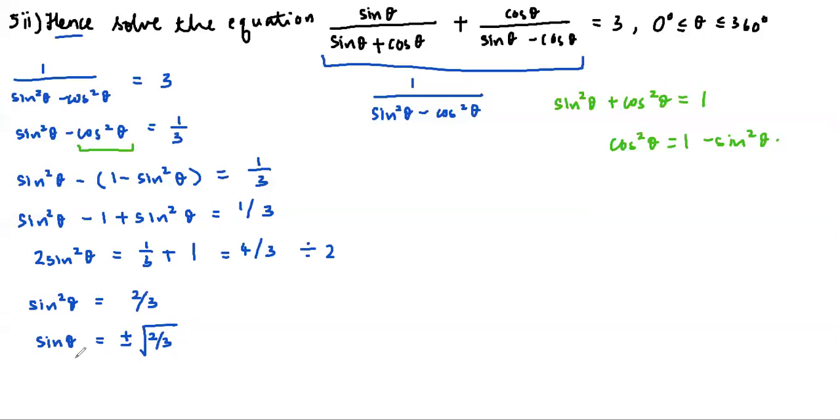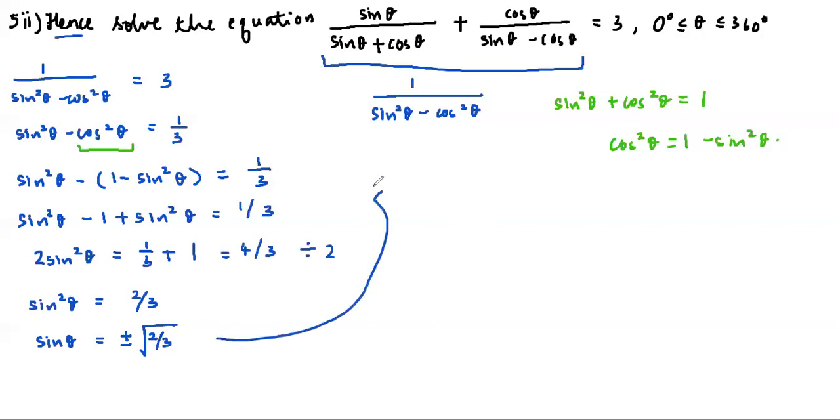The angle theta spans all 4 quadrants. Because sine is positive in the first and the second quadrant, it is negative in the third and the fourth quadrant. Find the principal angle.